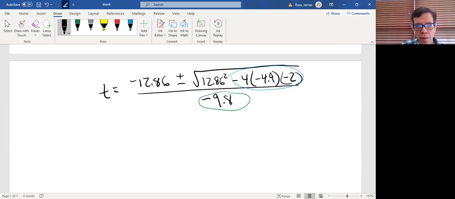All right, when we work this out, we get, let's see, 12.86 squared minus 4 times 4.9 times 2. And the square root of that gives us 11.23.